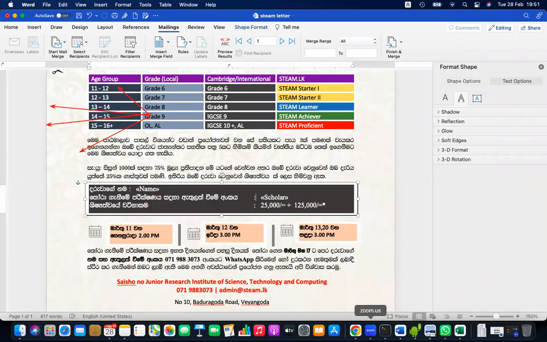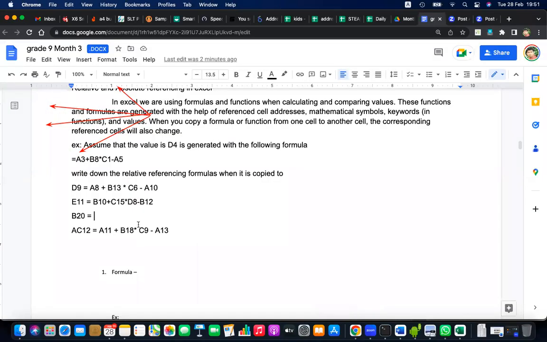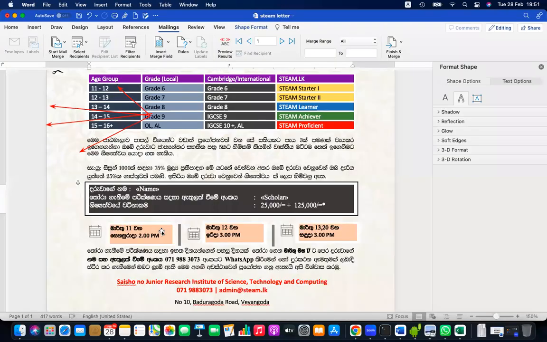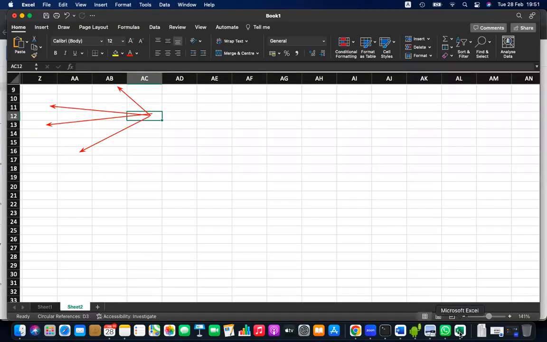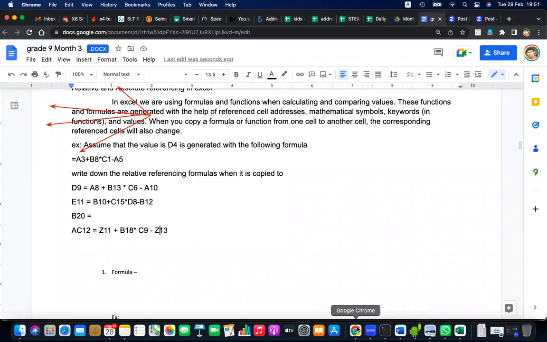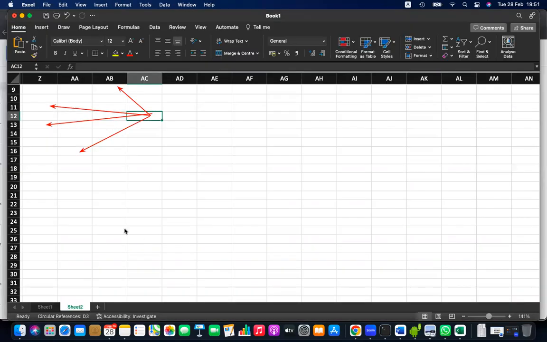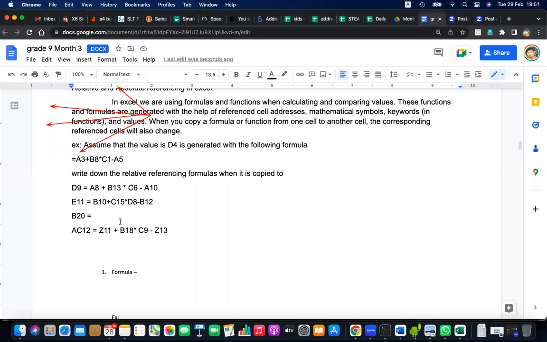Sorry, not this. Z11, Z13. Then AA16, AB9. AA16 there. With an 8 plus 8, 16.